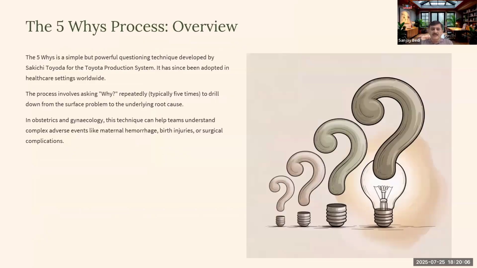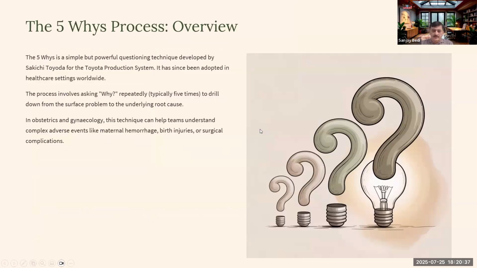One of the key points in root cause analysis is the 5 whys process. The 5 whys is a simple but powerful question technique. Basically you ask first the basic why, then a deeper why, and a deeper why, and again a deeper why once again.